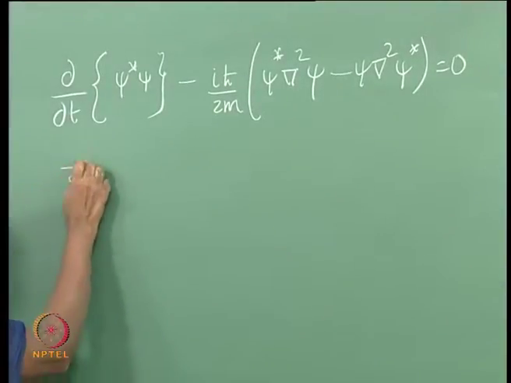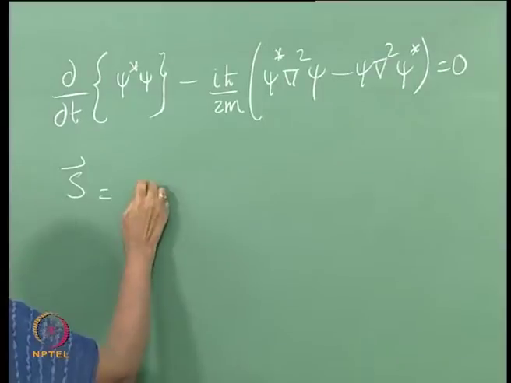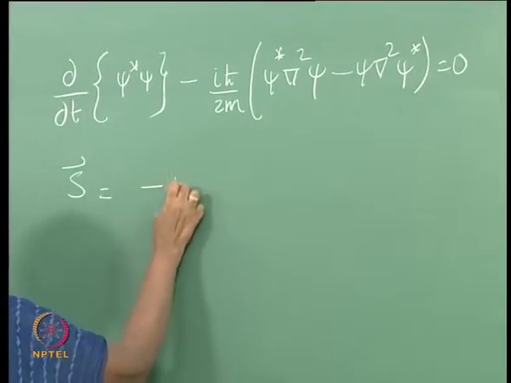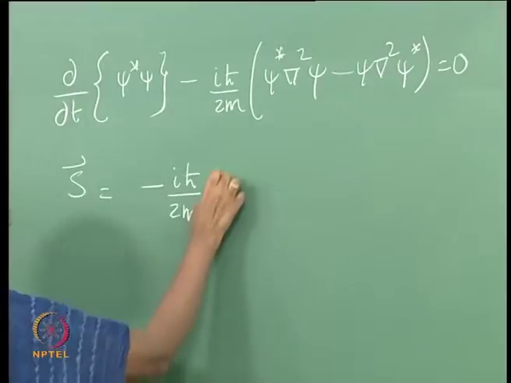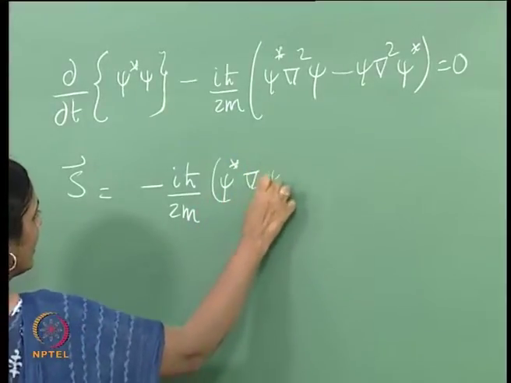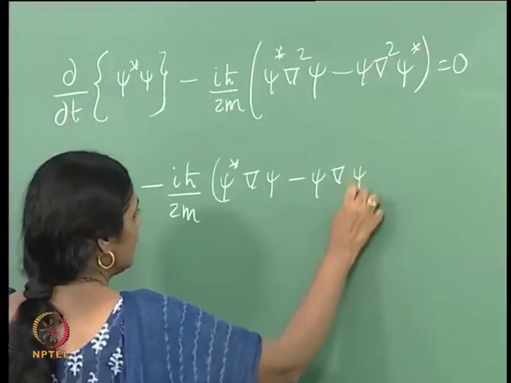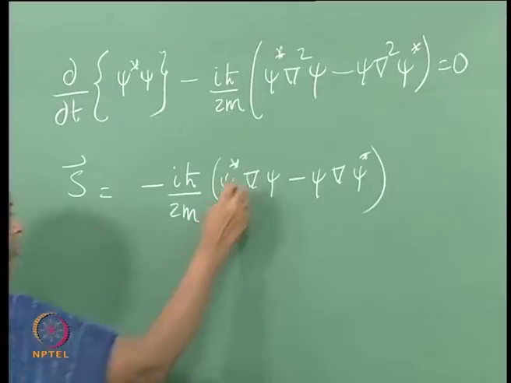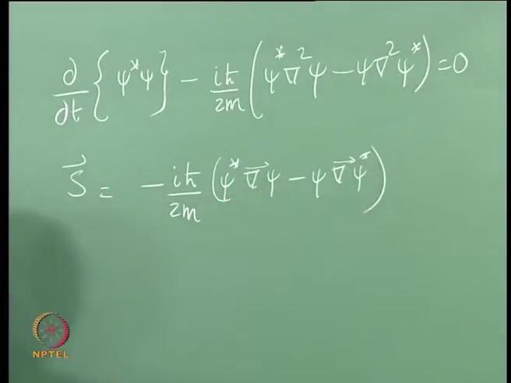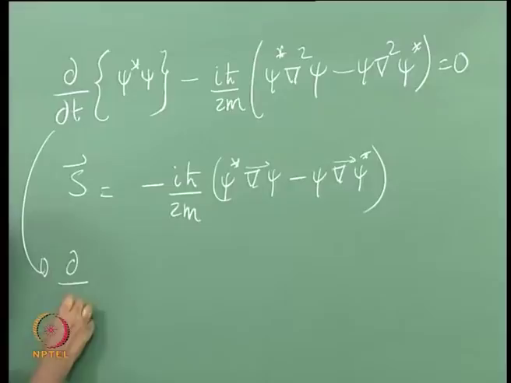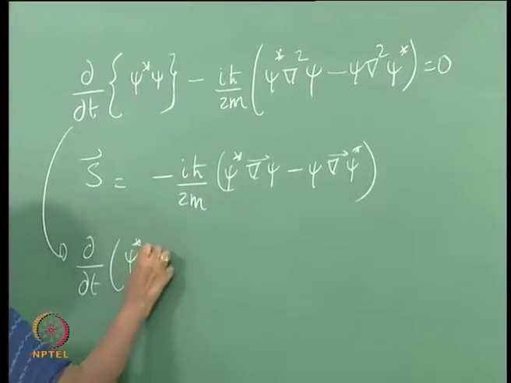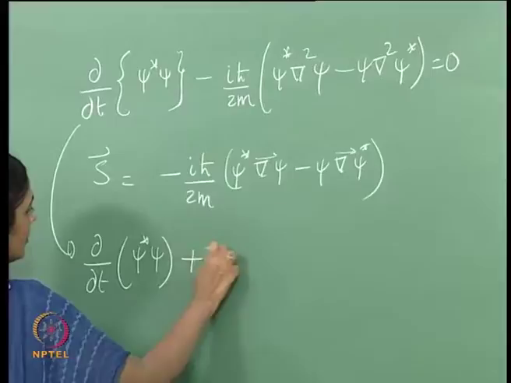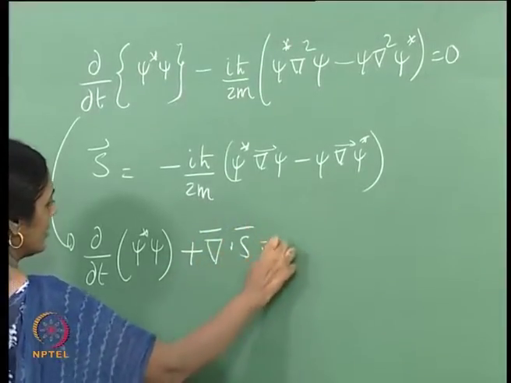Define the quantity S, which is a vector, as minus i h-cross by 2m times psi star del psi minus psi del psi star. It is a 3-dimensional vector. It is a vector under rotations in 3 dimensions, because the gradient operator has a vector sign on top of it, and then this equation simply becomes plus del dot S equals 0.